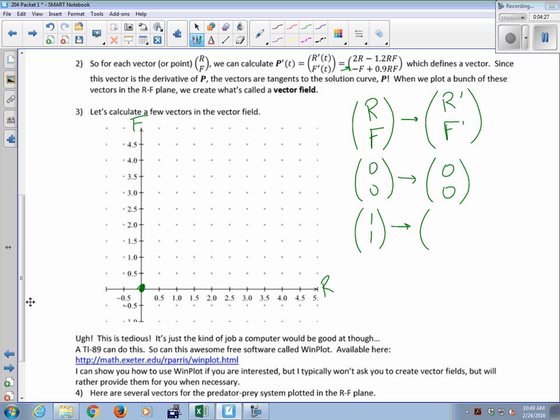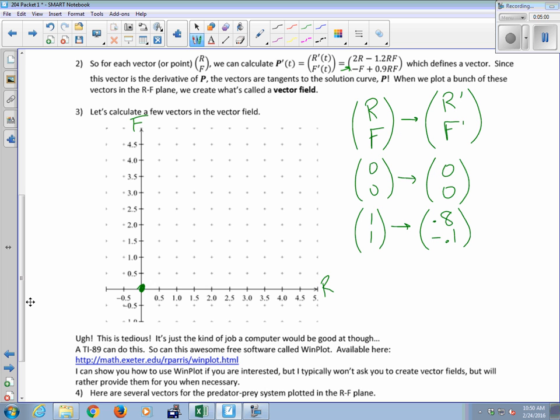So in my derivative formula, R prime, F prime, I'm going to plug in 1 for R and 1 for F. So I have 2 times 1 minus 1.2 times 1 times 1. I get 0.8 for R. And then if I plug in 1, 1 into the second equation, I get negative 1 plus 0.9 times 1, and that comes out to negative 0.1.